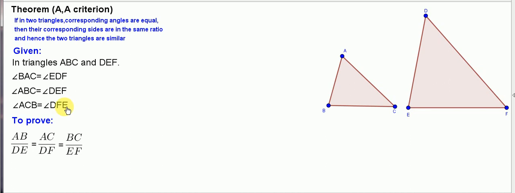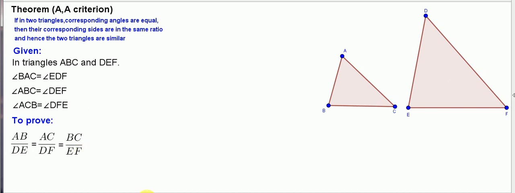Next, DE by leaving F in the denominator, that is DE, AB by DE. Next, write AC by leaving B in the numerator, and write DF by leaving this middle letter E in the denominator, that is AC by DF. Similarly, we can write BC by EF.